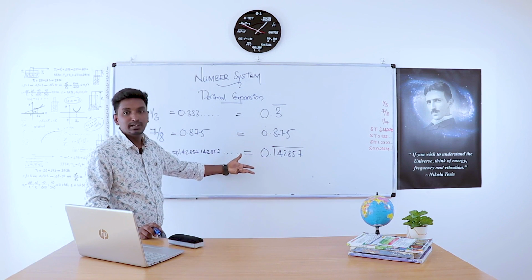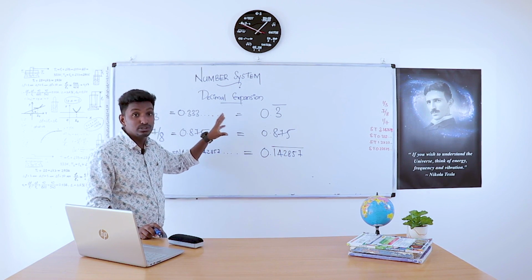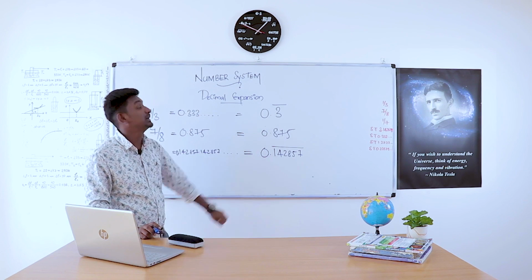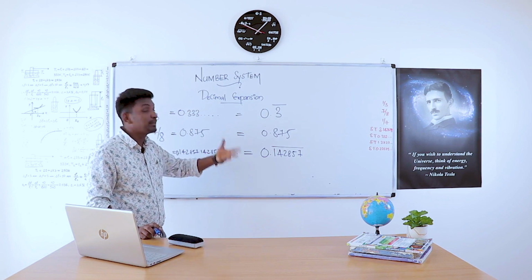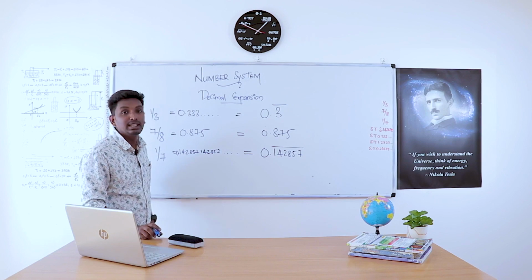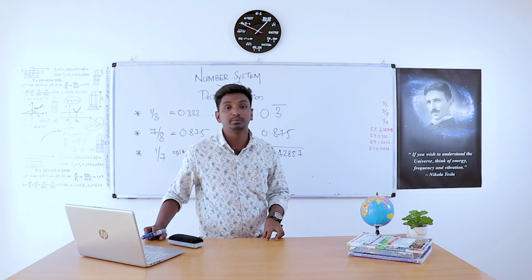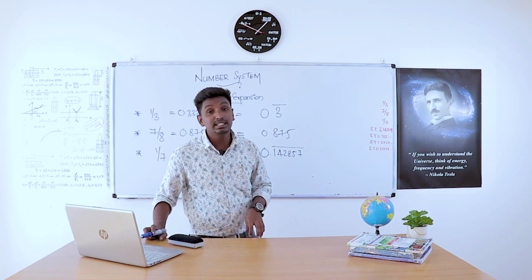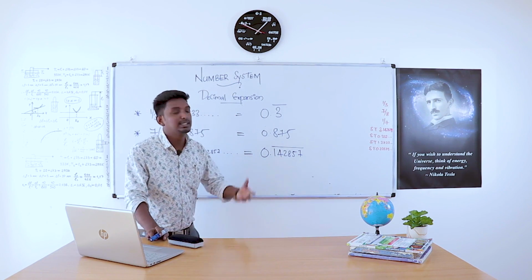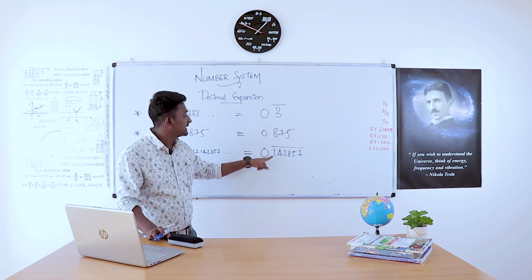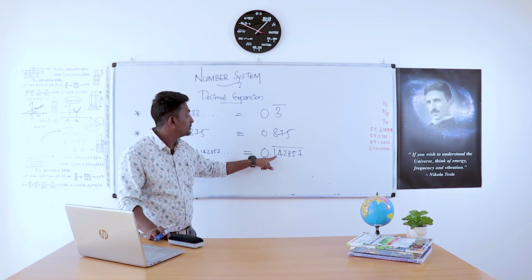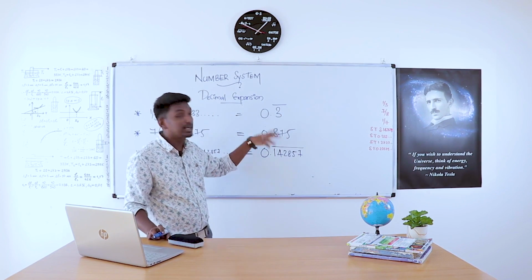In these decimal forms, those decimal expansions which are repeating again and again can be called non-terminating recurring expansions. Non-terminating recurring means repeating. Therefore, 0.3 bar and 0.142857 bar, these two are repeating again and again.